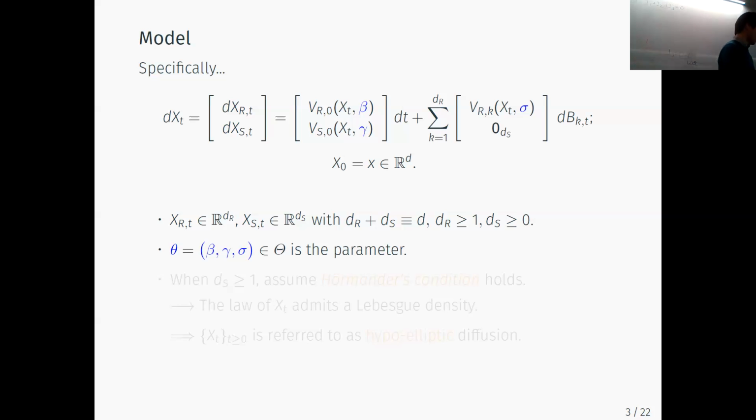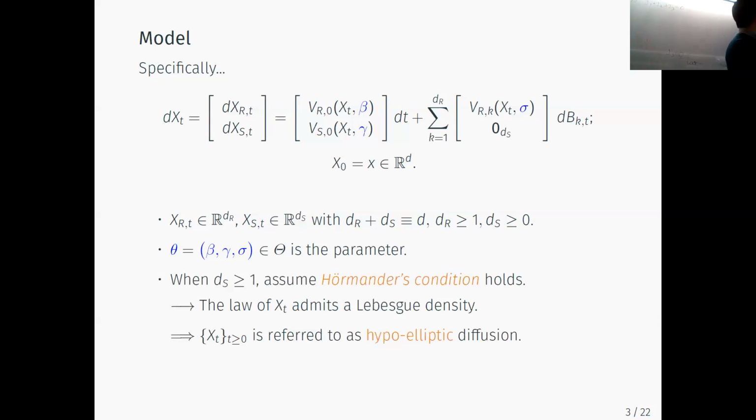In the case where d_S is 0, the system belongs to the first type of SDEs, which means that the diffusion matrix has full rank. However, if d_S is not 0, the diffusion matrix does not have full rank. And especially for d_S not 0, we assume some mathematical condition called Hörmander's condition. Then the law of X_t admits a smooth density.